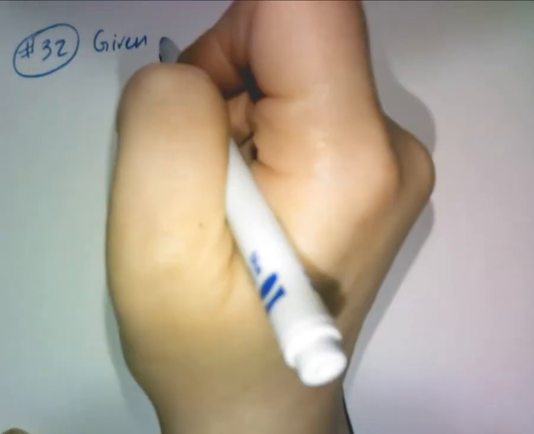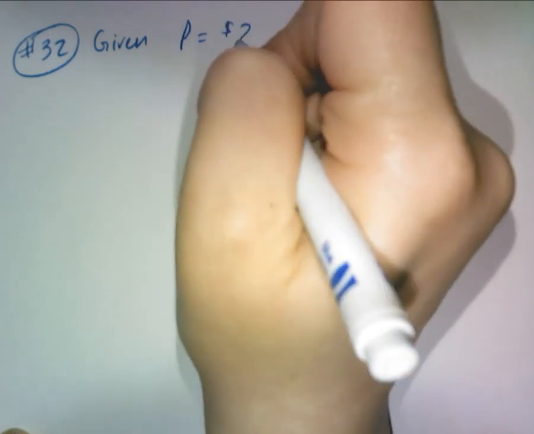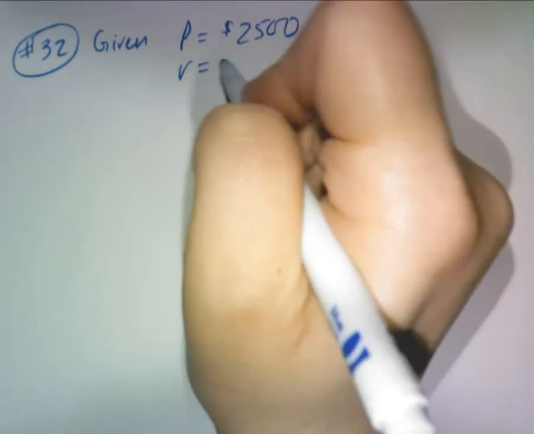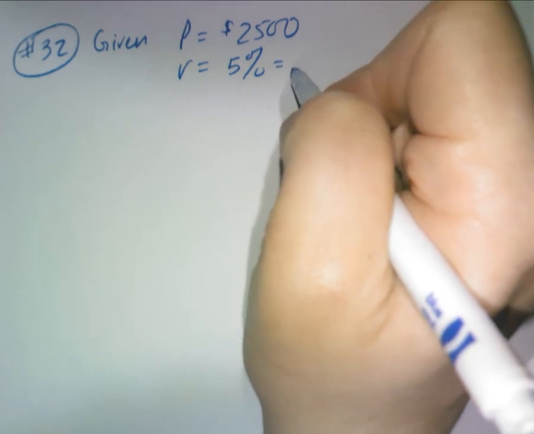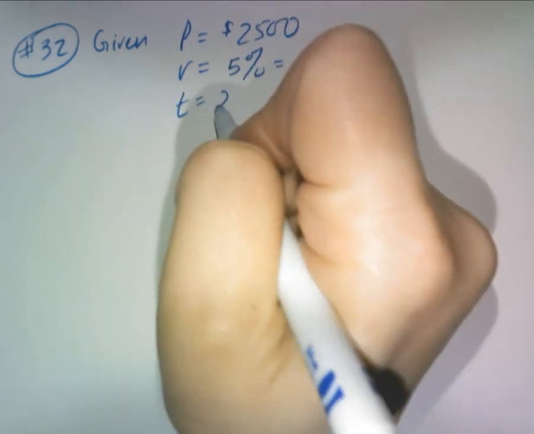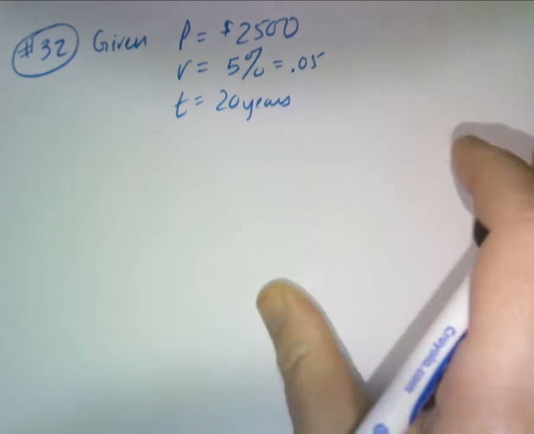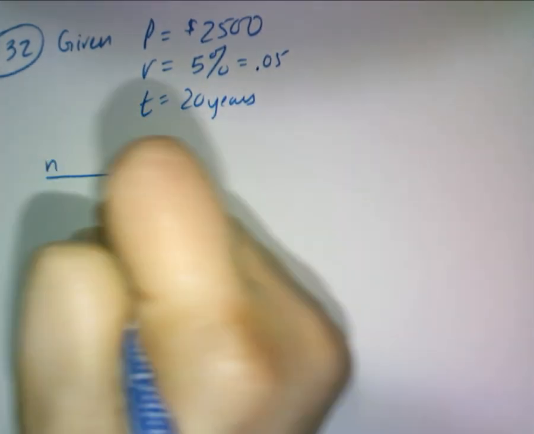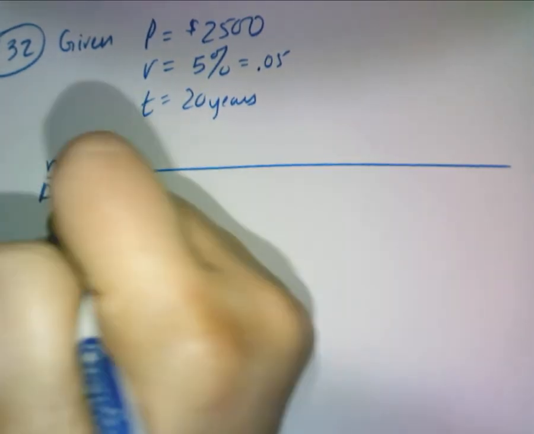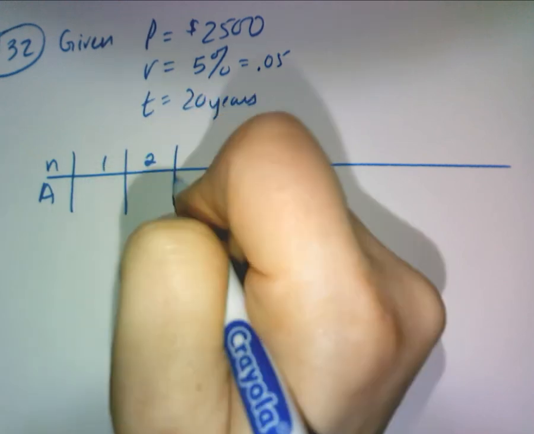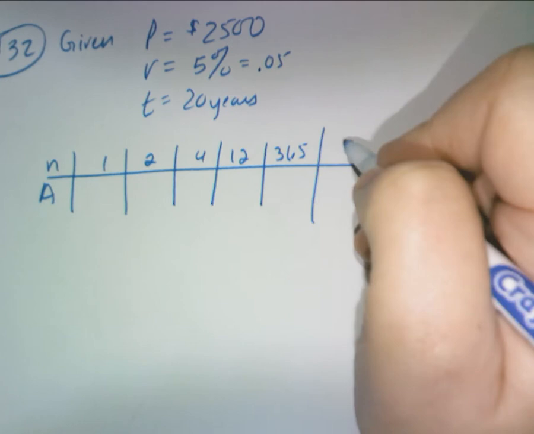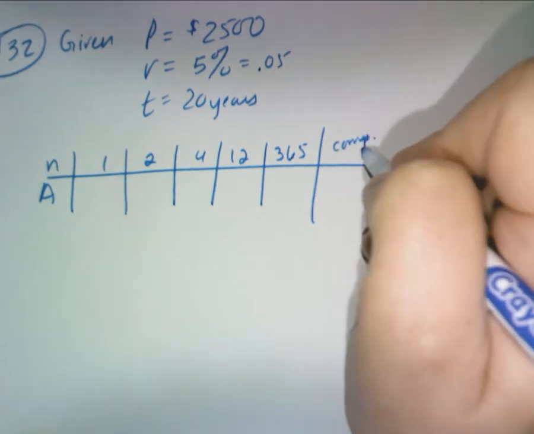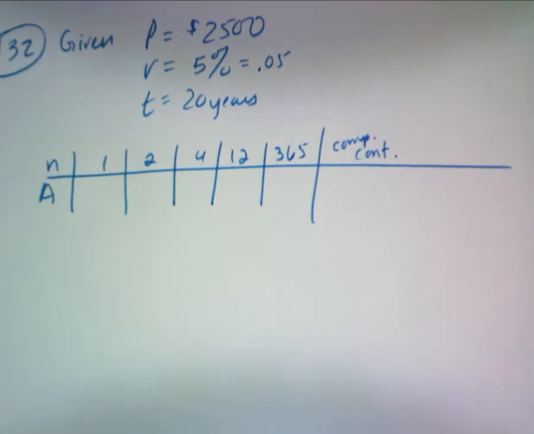The principal is $2,500, the rate of 5% is 0.05 as a decimal, and your time is 20 years. You fill out the chart with compounding 1, 2, 4, 12, 365, and then compounded continuously, which I will do in a minute.